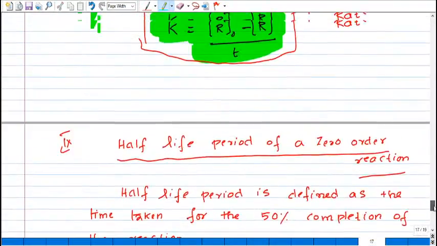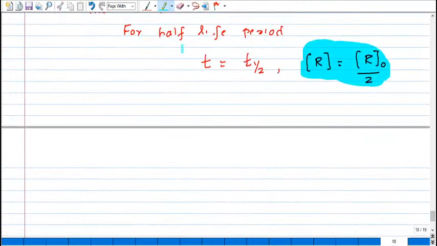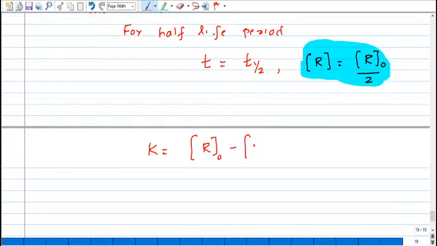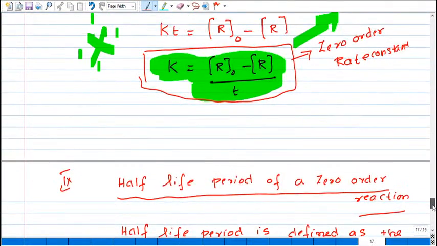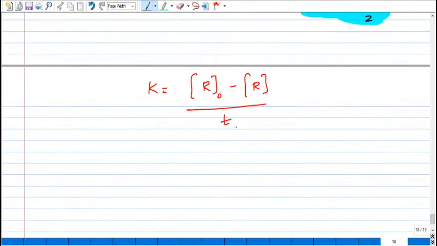Now we can substitute in this formula. What is that formula? K is equal to R naught minus R divided by T. Now I am changing T as half-life T half and R as R naught by 2.